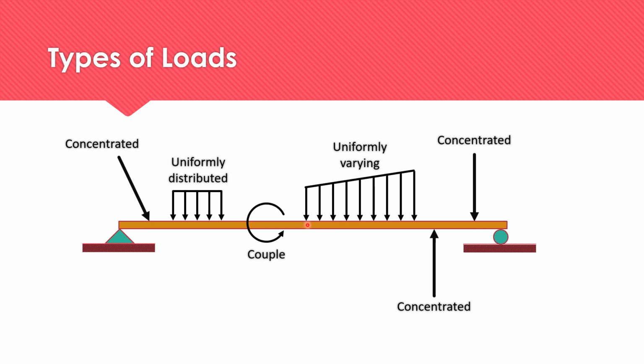But it depends on how you will analyze it. And there's also a couple. A couple is also a load. And we know that a couple comes from a pair of forces which are parallel with the same magnitude but oppositely directed.